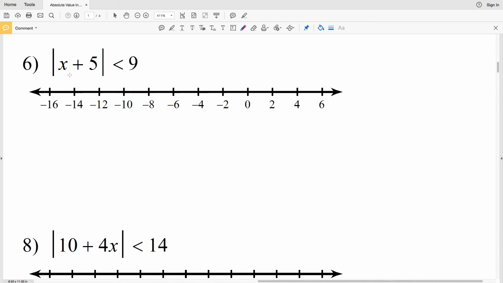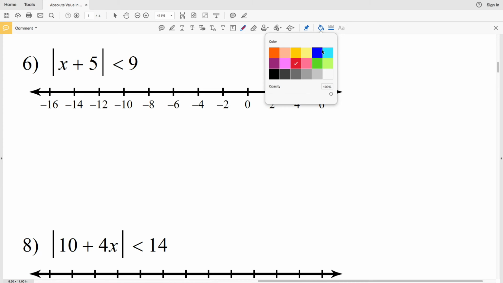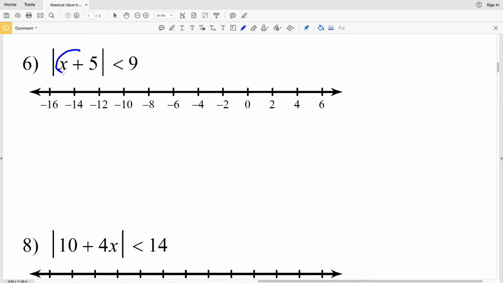In number 6, we have the absolute value of x plus 5 is less than 9. So we're saying that this quantity x plus 5 is either less than 9 or that quantity x plus 5 is going to be greater than -9. So we're going to subtract 5 from both sides.